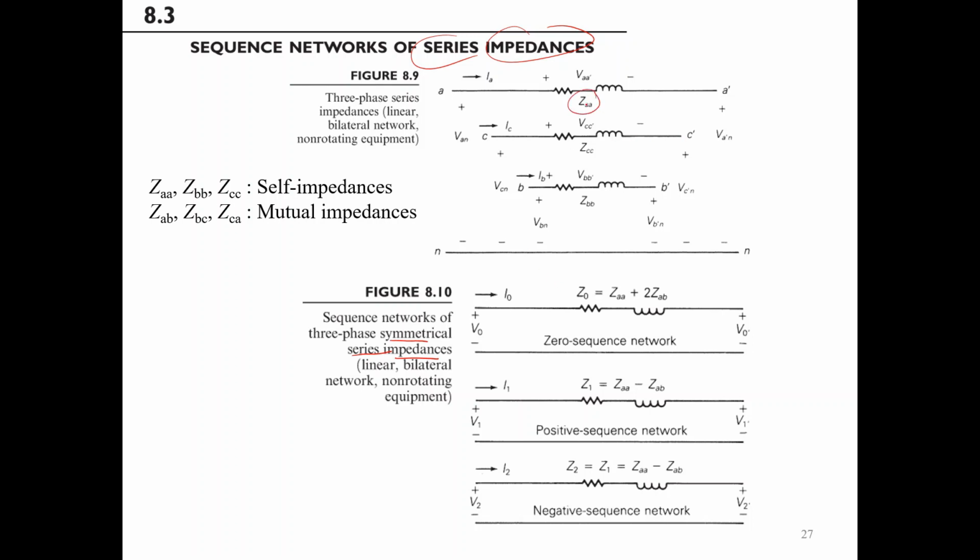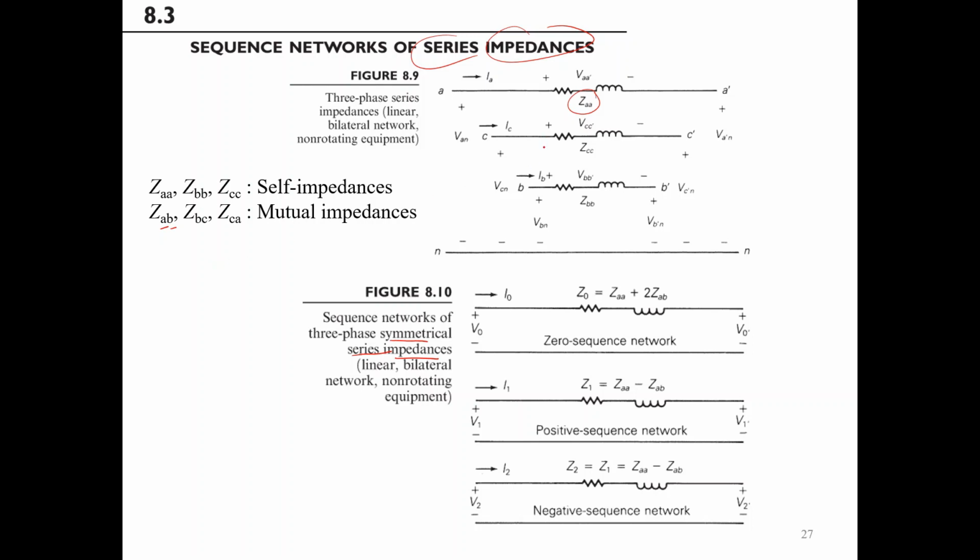Because CAA here with the double subscript means that this is the impedance of the phase A itself, right? What do I mean by CAB? The CAB is the mutual impedance between phase A and B, right?